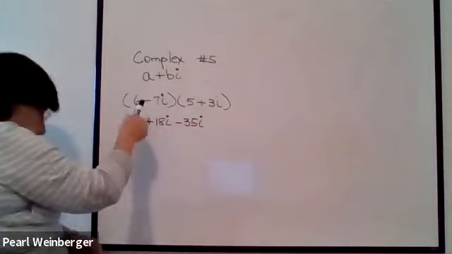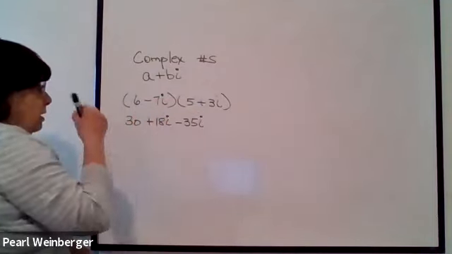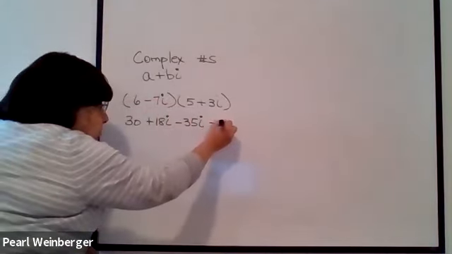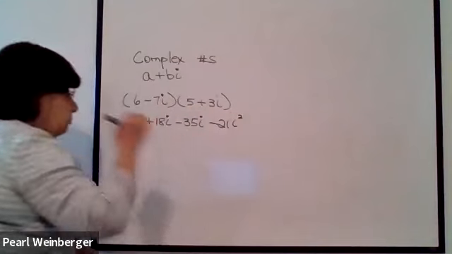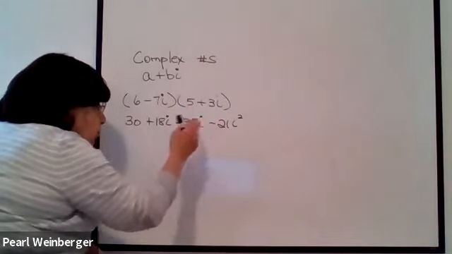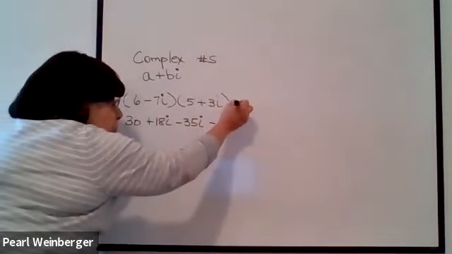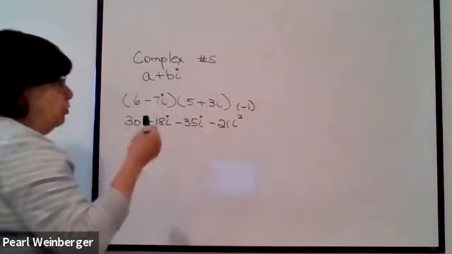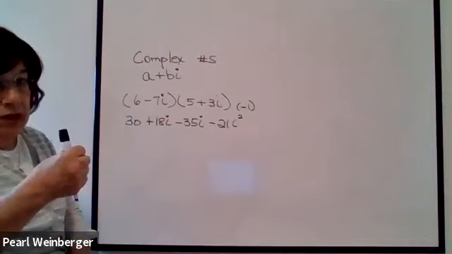And last, negative 7i times positive 3i is negative 21. And here, be careful, i times i is i squared. And as soon as I see an i squared, before I go any further, I'm going to replace that i squared by the real number -1, because i squared is -1.